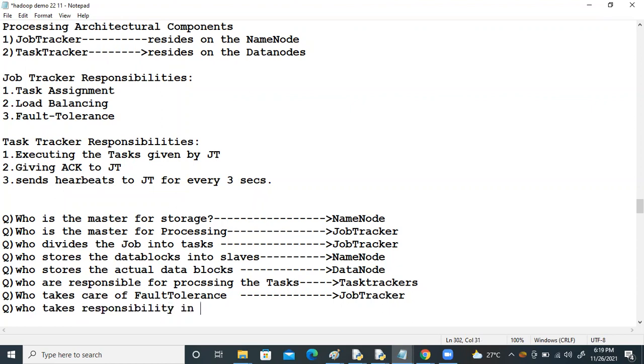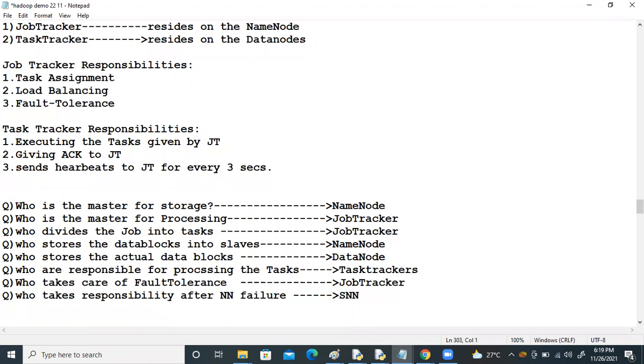And who is responsible for maintaining the metadata? Name node.